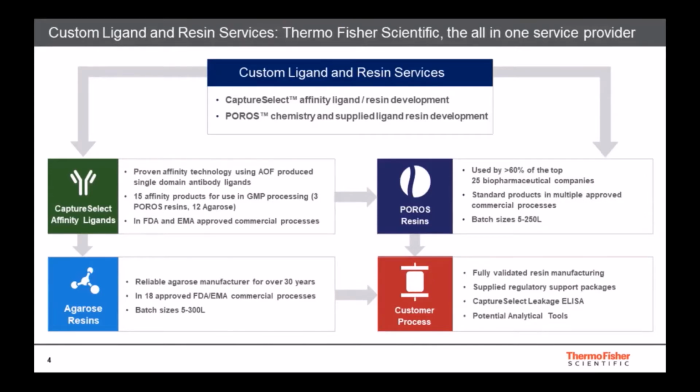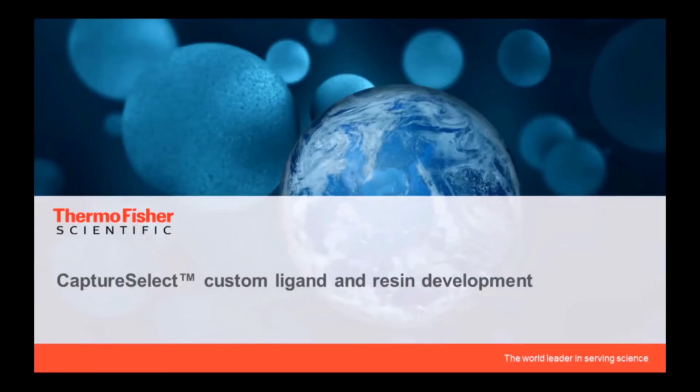So regardless of the path you take, whether we develop the ligand and the resin for you under the CaptureSelect path, and you use either an agarose or a porous backbone to develop that resin, or you go down the path of porous and create new novel chemistries, or the clients show up with their own affinity ligands and we do the functionalization for them as well, we really want to get you to that bioprocess product at the end. That's the fundamental goal of creating a custom resin.